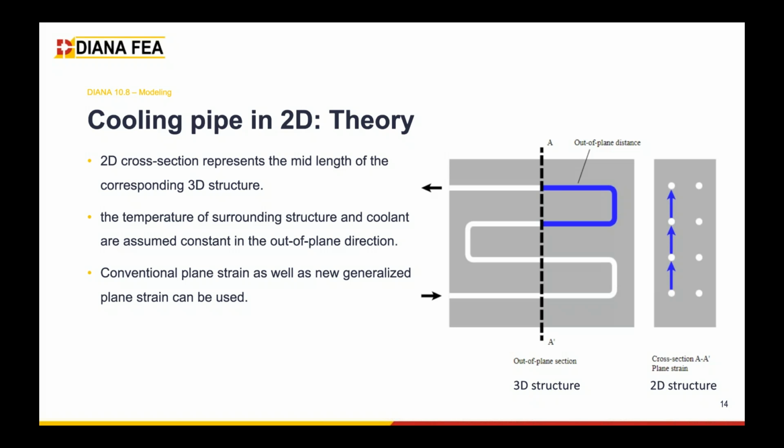For this 2D cooling pipe, you can use both conventional plane strains for the continuum and also the new type of generalized plane strain, depending on the geometry and boundary conditions of your 3D structure. There's also a new tutorial explaining modeling procedure in much more detail.